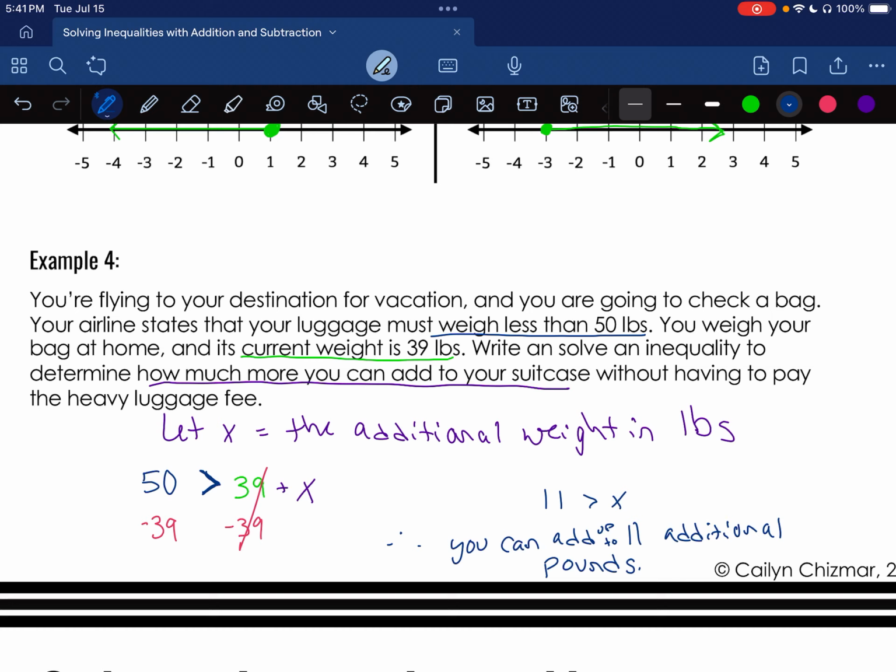model writing and solving these inequalities is because it's easier to grasp writing these inequalities at this level so that we can practice and build up to the times where we wouldn't necessarily be able to solve it mentally and we would have to write and solve an inequality, right?